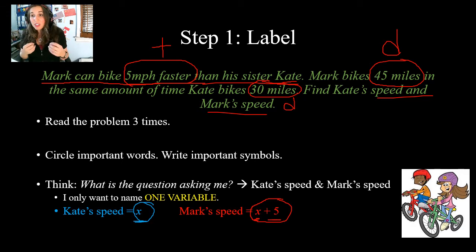So by using that piece of information, we were able to label and use just one variable, which is what we always want to do. So when you're dealing with problems like this, you'll be given some sort of information that allows you to use one variable and write one thing in terms of the other. So now let's move on to that translation step and look at the table that we need to make for these problems.